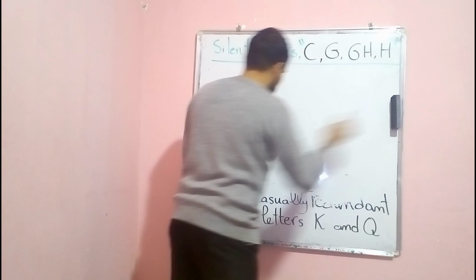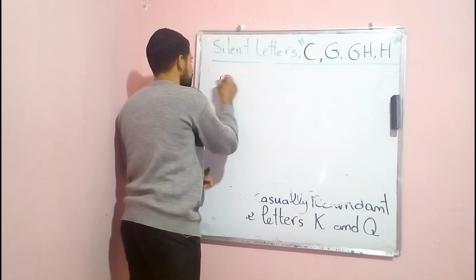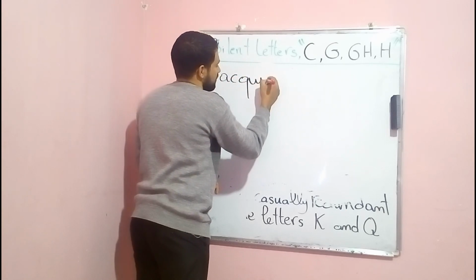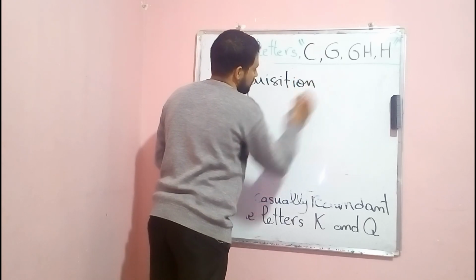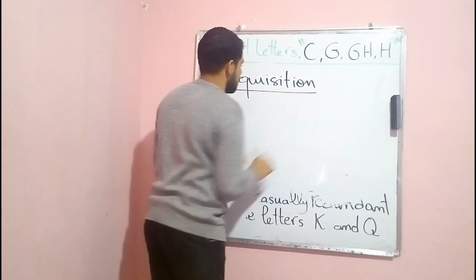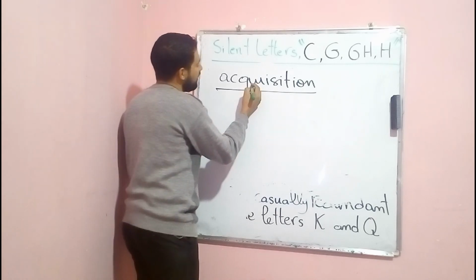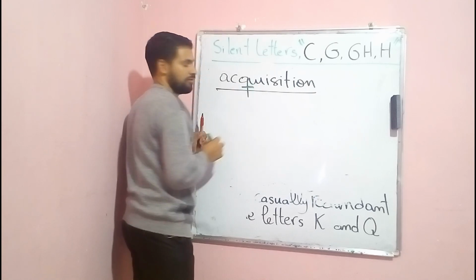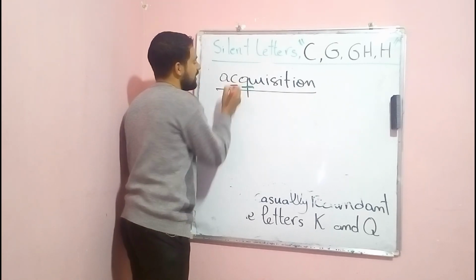Okay, so when I say, for example, acquisition, so it's like this. Acquisition. Okay, so here, what do I have? I have the letter Q here, and I have the letter C here.